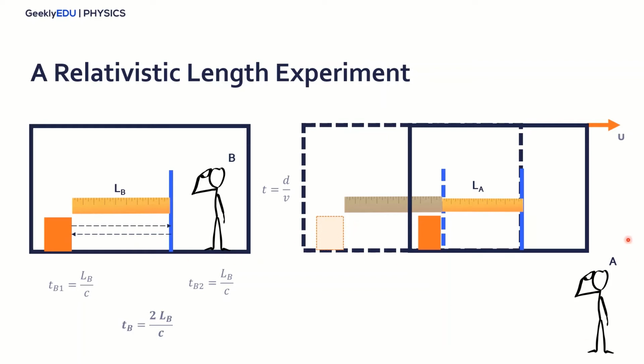Now let's go to observer A. Well, we know that the car is moving, right? So we know that this distance here is actually the distance of the ruler, okay, measured by the ruler from the device to the mirror, plus this displacement here of the car, okay? This displacement is given by u times TA, is the velocity of the car, times the time it takes to go from here to here.